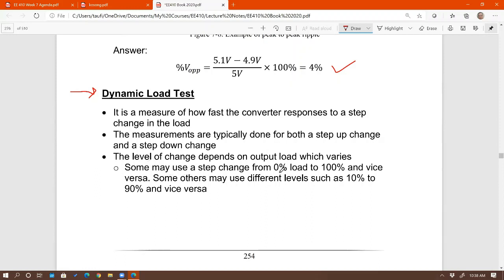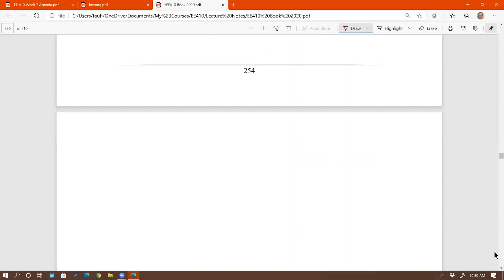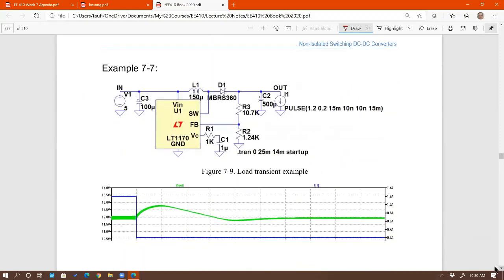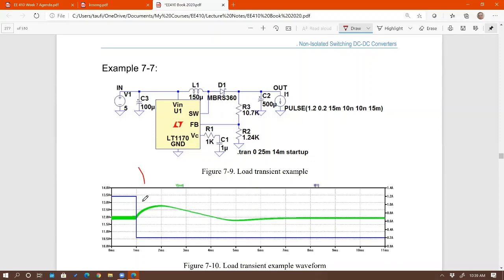Now, the level of stepping up and stepping down is really up to you or up to the customers. Sometimes you go from 0% to 100% or 10% to 90% and vice versa. So here's an example. I'm just creating a step down, it looks like.